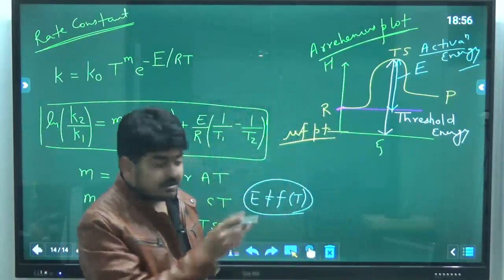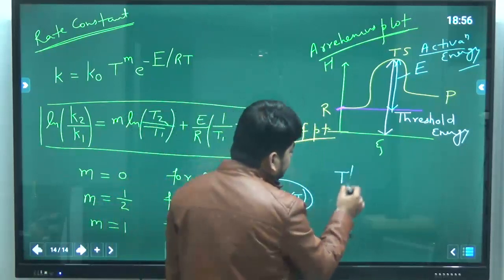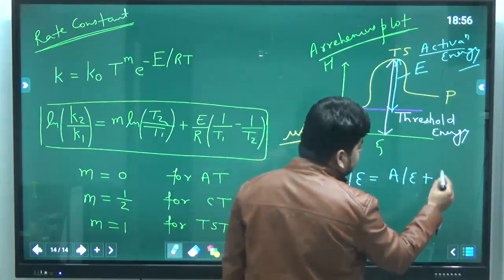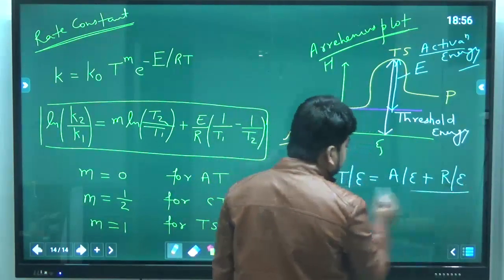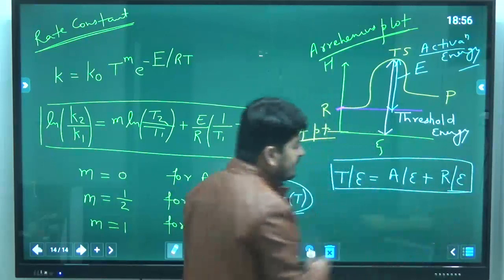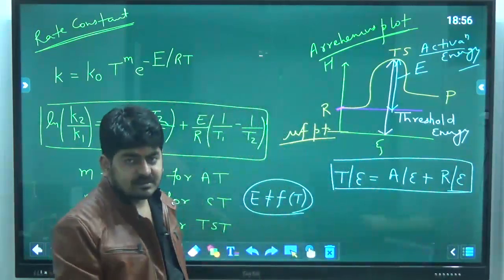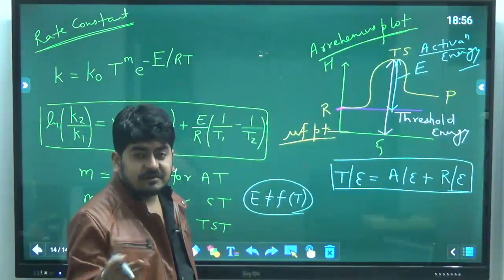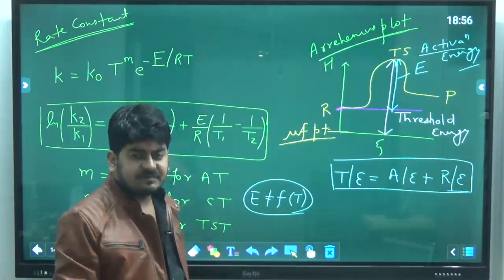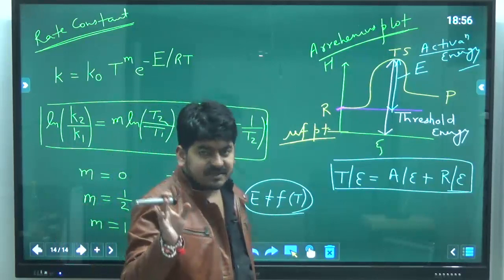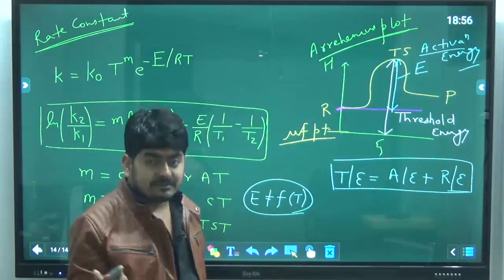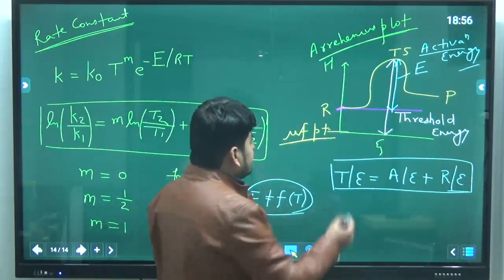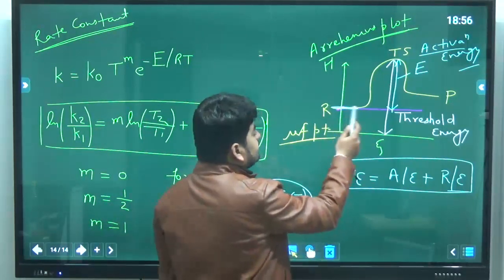The relation is: threshold energy is equal to activation energy plus the energy possessed by the reactant molecules. If someone asks in which scenario the threshold energy and activation energy will be the same, by definition they are different. Mathematically they can be the same, but only in one condition, when the reference point is here.